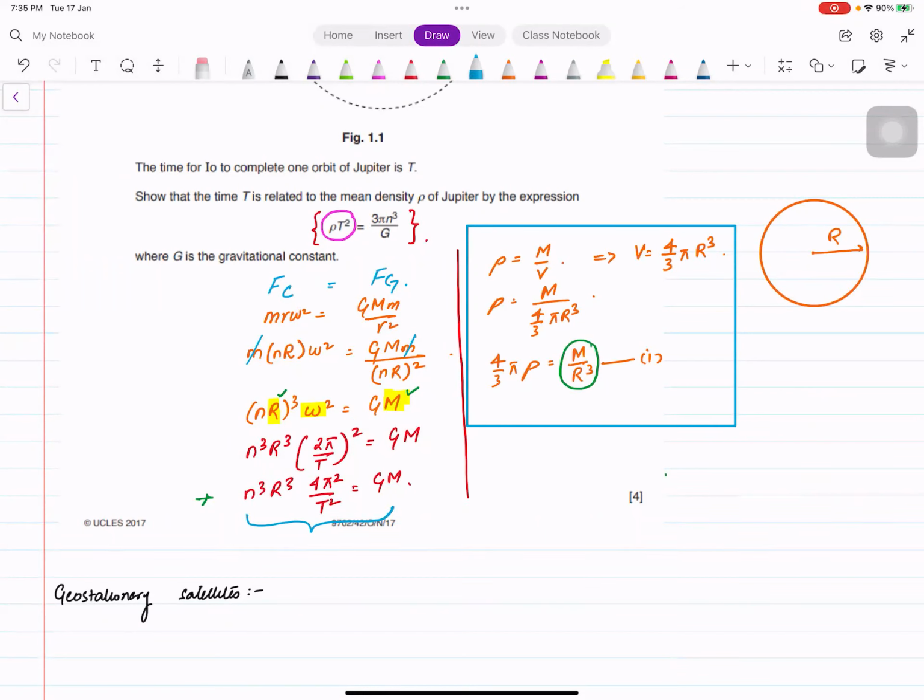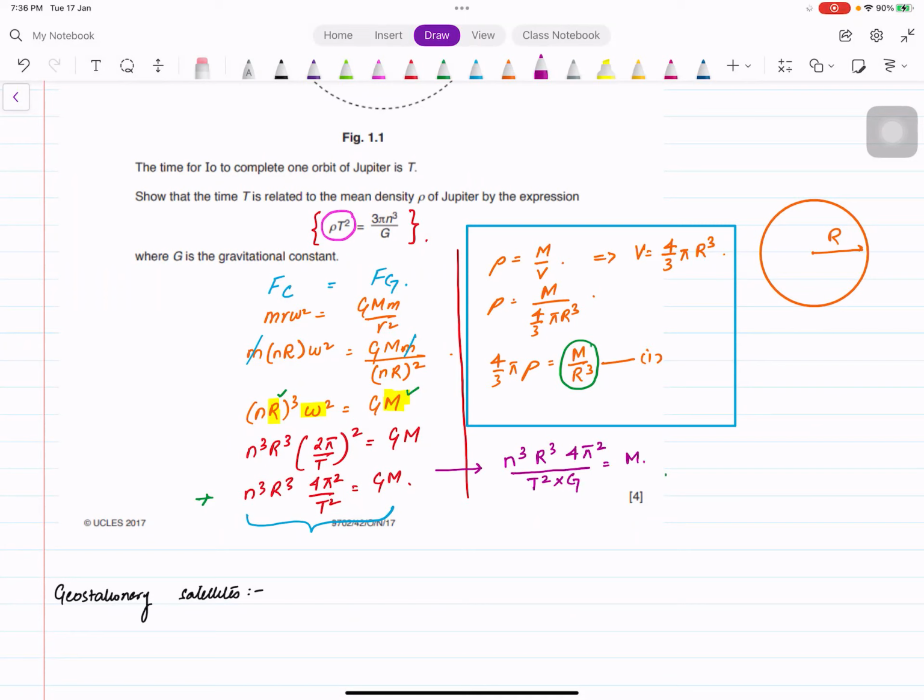You would take G on the other side and r cubed on the right side, right? Yes. So I'll do it step by step, don't worry. R cubed times 4 pi squared over T squared times G. Can I do that? Yes.